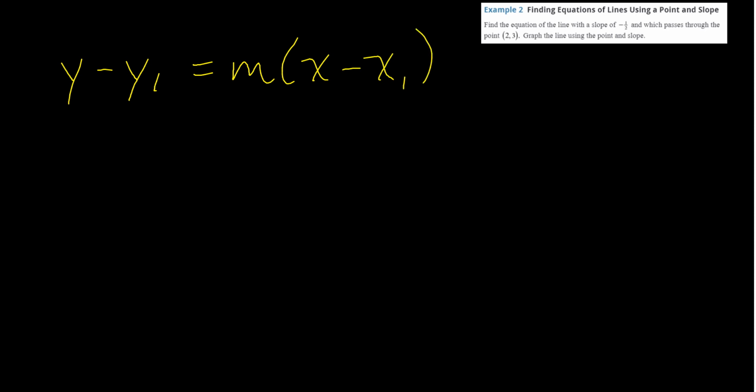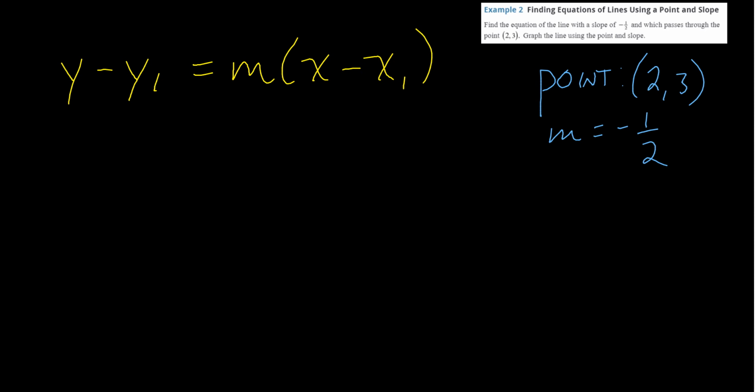Okay, so we're given a point. Let's put this off to the side here. My point is (2, 3), and my slope is -1/2. So I can basically just fill in the blanks here.